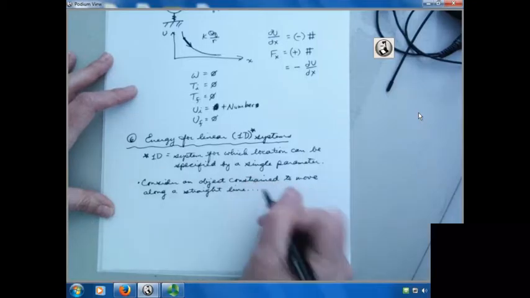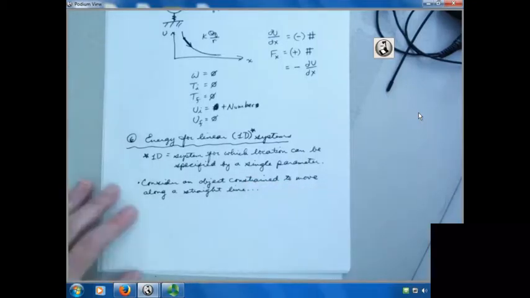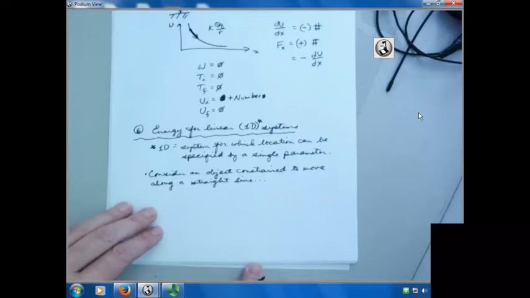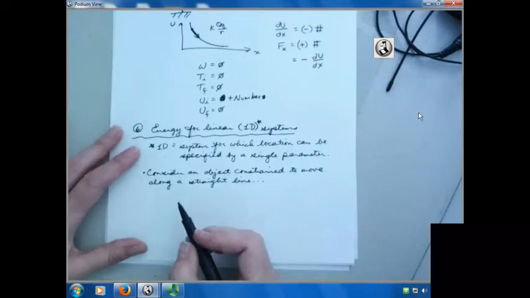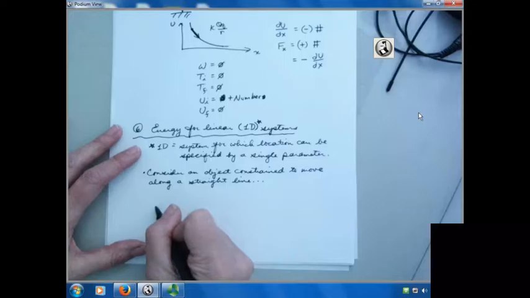So an example of this might be a train on a railroad track or something like that. Maybe a car on an air track in a physics lab. So it looks like this.